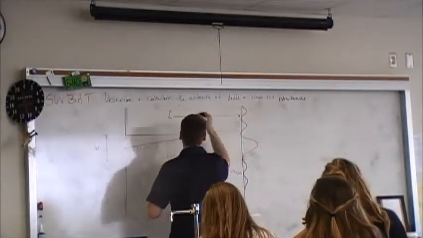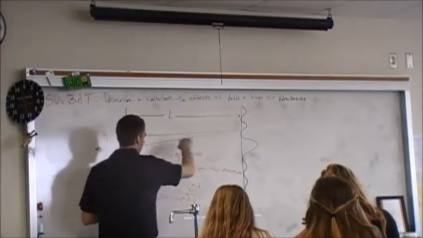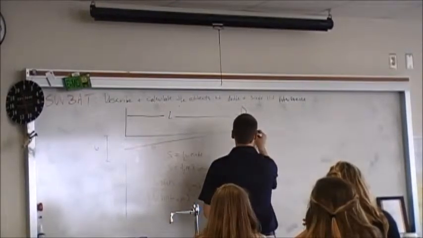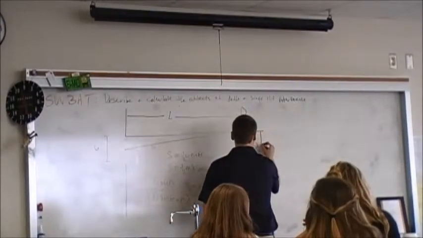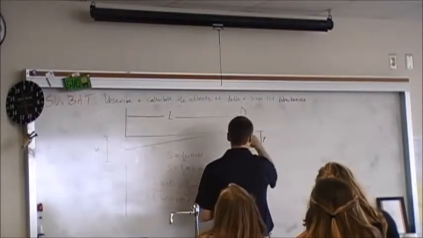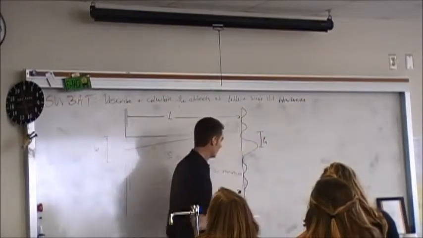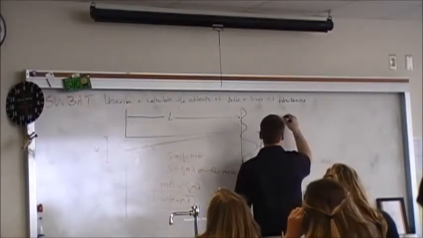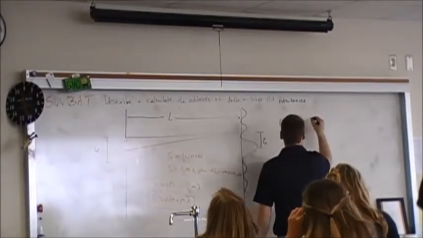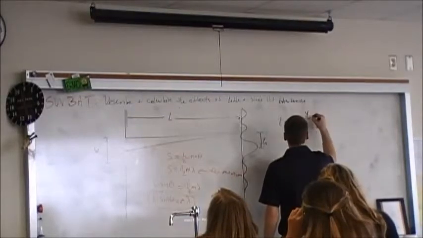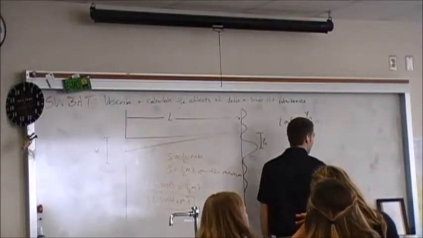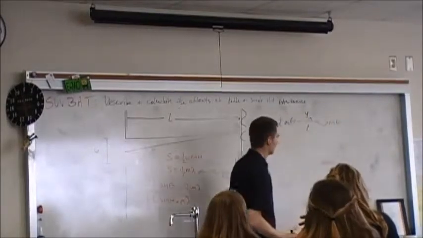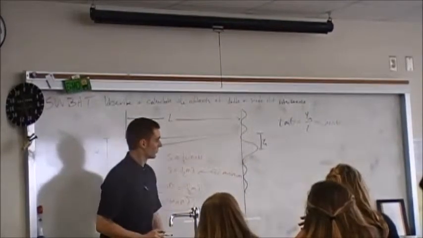I say the separation between the opening and the screen is L. Now I'm going to be talking about the distance between the central maximum and that minimum. Y sub m, I'll call it. Same idea. Tangent of the angle is going to be y over L, and of course we have a small angle approximation, so we can say that's basically equal to sine theta.